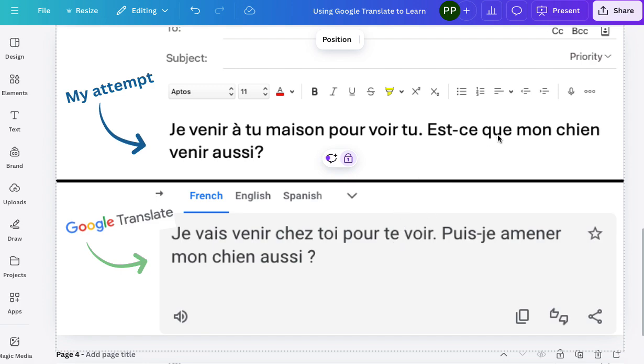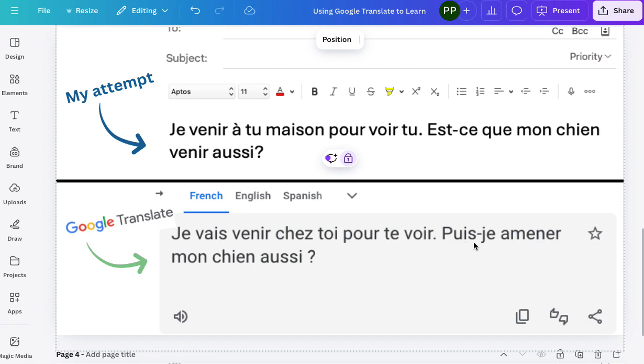I put, est-ce que mon chien venir aussi? First thing I see is Google Translate used a different structure for the question, but I know that you can ask questions three ways. So my way wasn't necessarily wrong using est-ce que, but I remember you can do this inversion and you switch the subject and the verb.